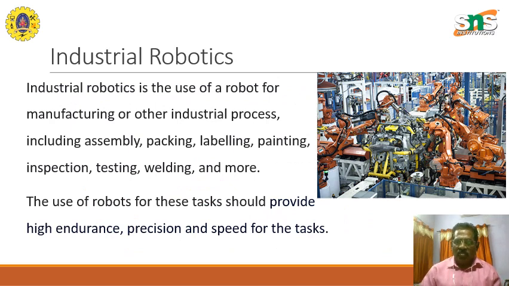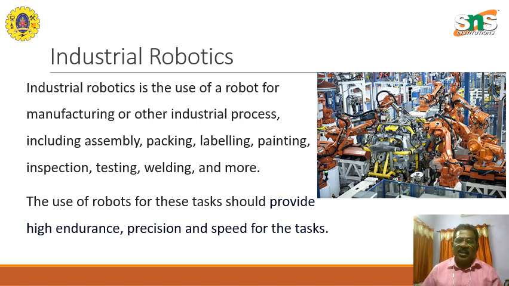Now, defining what is industrial robotics. Industrial robotics is the use of robots for manufacturing or other industrial processes, including assembly, packing, labeling, painting, inspection, testing, welding, and other similar processes that we use in industry. The use of robots for these tasks should provide high endurance, precision, and speed.